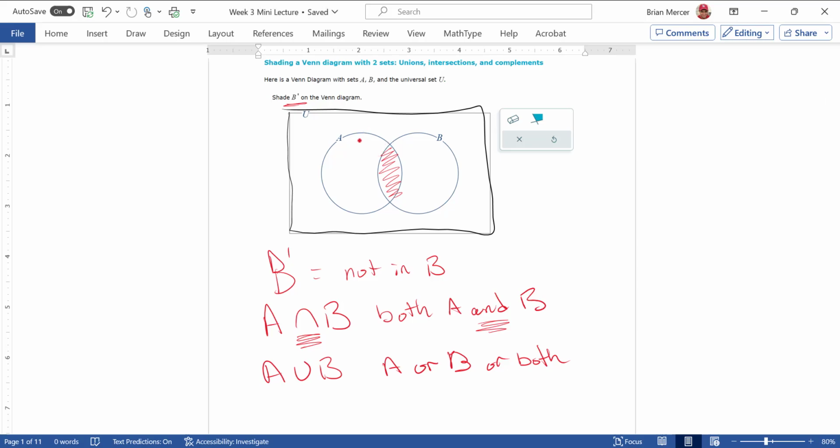So the union would be everything in A and everything in B, and make sure you're including things that are in both. So we're talking about everything inside the two circles, including the part that's in the overlapping section. So there's what the answer would look like if you had union of A and B. There's what the answer would look like if you had the intersection of A and B.